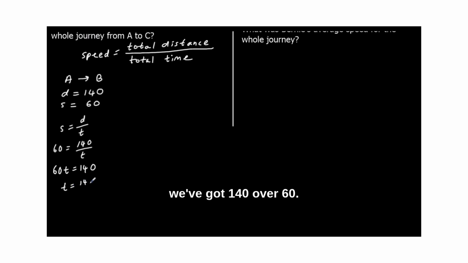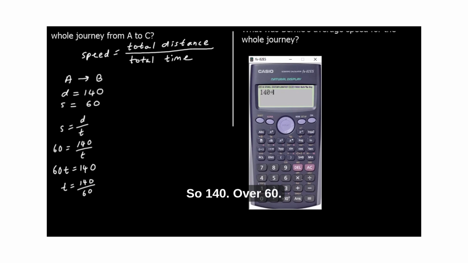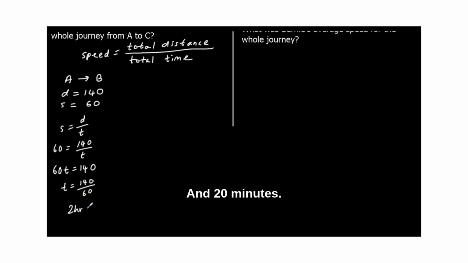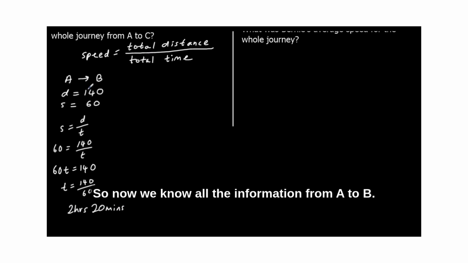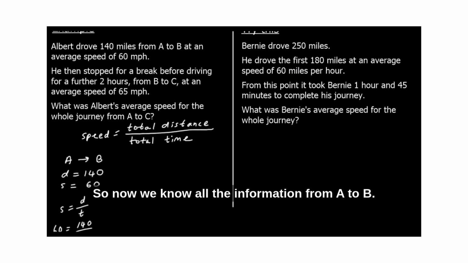So 140 over 60, which is 7 over 3, or 2 1/3. But if we press the time button, that will change it into time, 2 hours 20 minutes. 2 hours and 1/3 of an hour is 2 hours and 20 minutes. So now we know all the information from A to B.